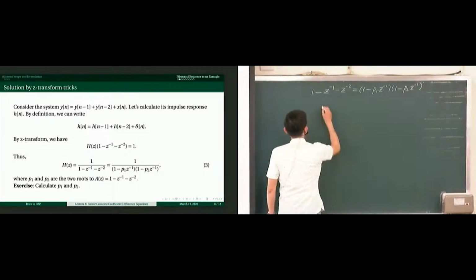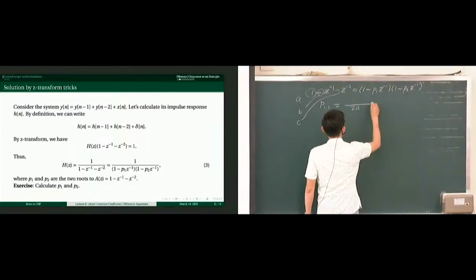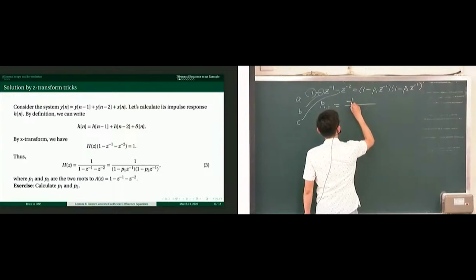So basically P1, 2, if we call this A, this is B, this is C, then we can apply the formula. P1, P2 is basically 2A at the bottom, minus B, plus or minus the square root of B squared minus 4AC.